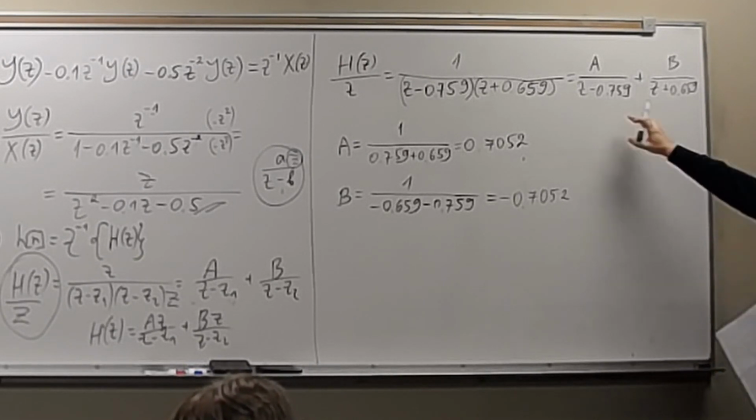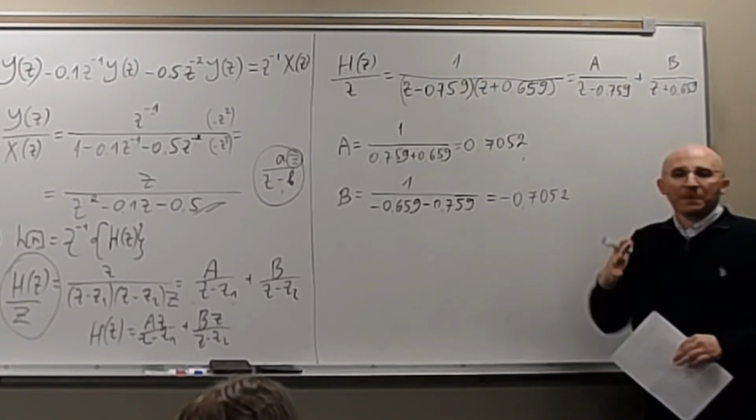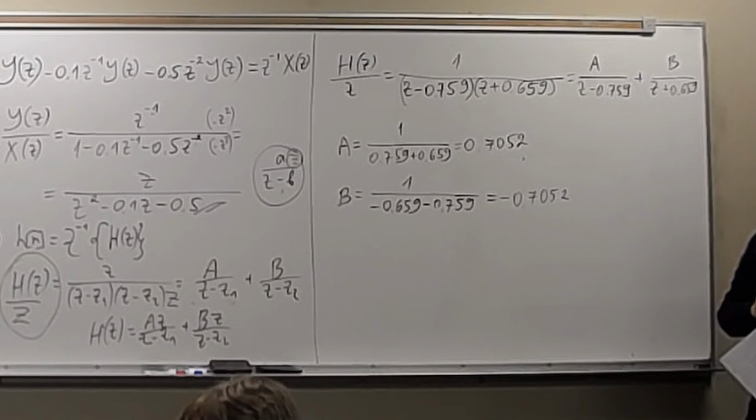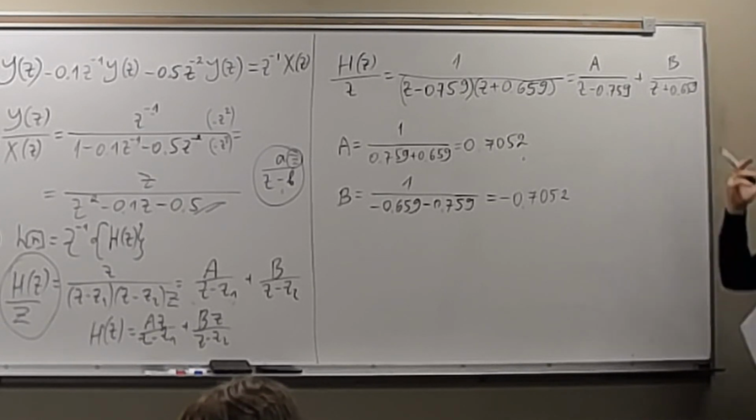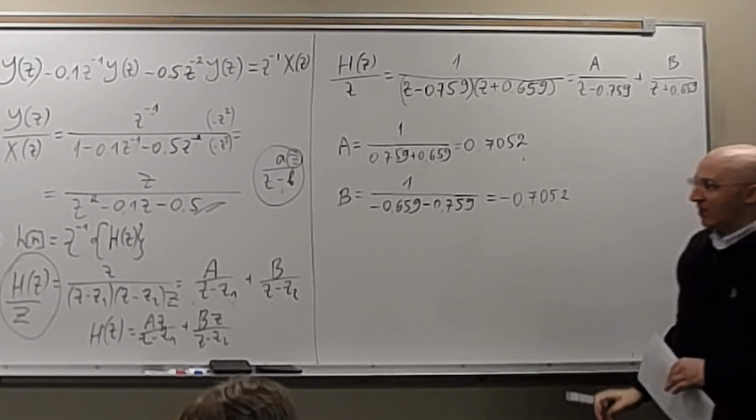You can do also common denominator and then compare coefficients to 1. The same thing. Depends what you like better. You can solve system of 2 equations together. It's the same technique as partial fraction expansion, but for a different function.